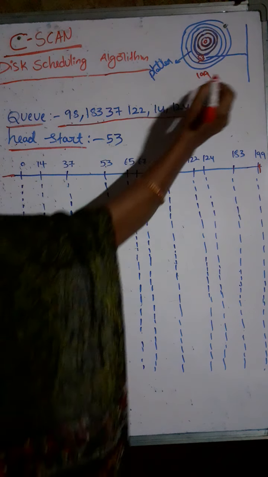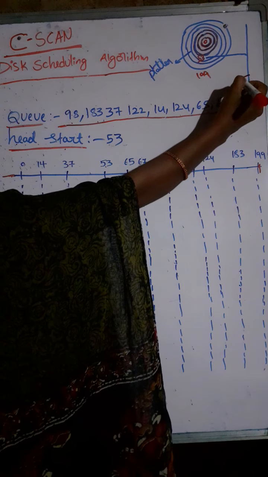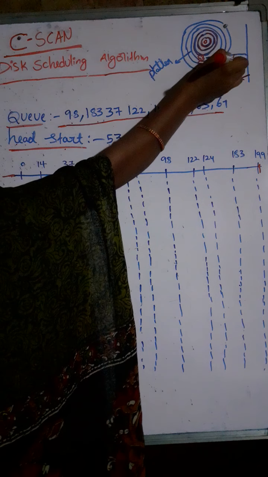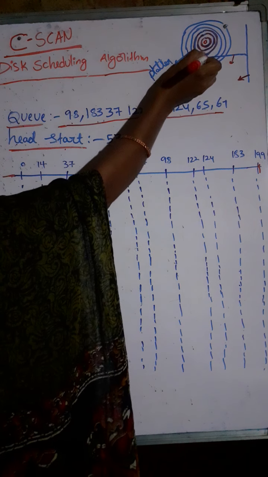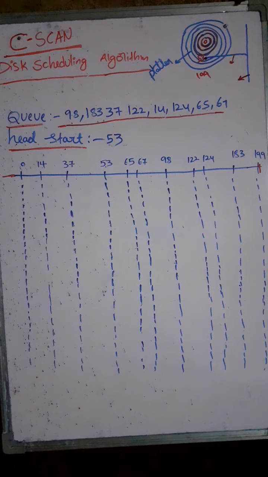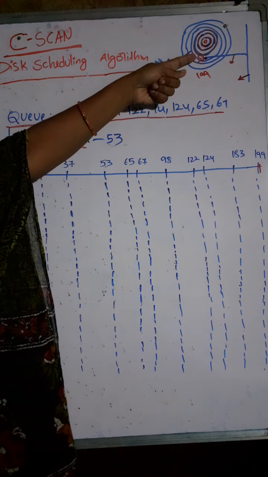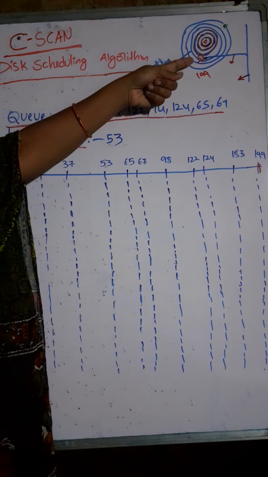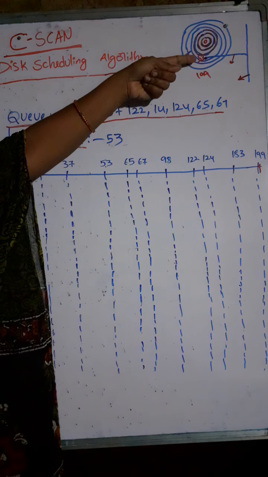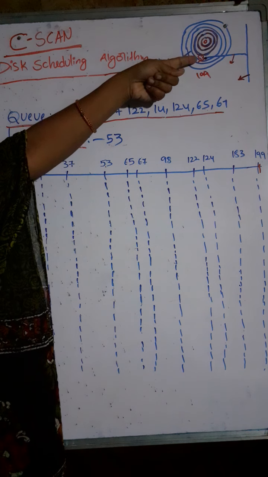Let us assume that this is the arm assembly, this is the arm, and this is the read-write head. If you observe, the read-write head is at track number 53. That means you can read or write data at track number 53 only. You cannot read or write data at other track numbers.